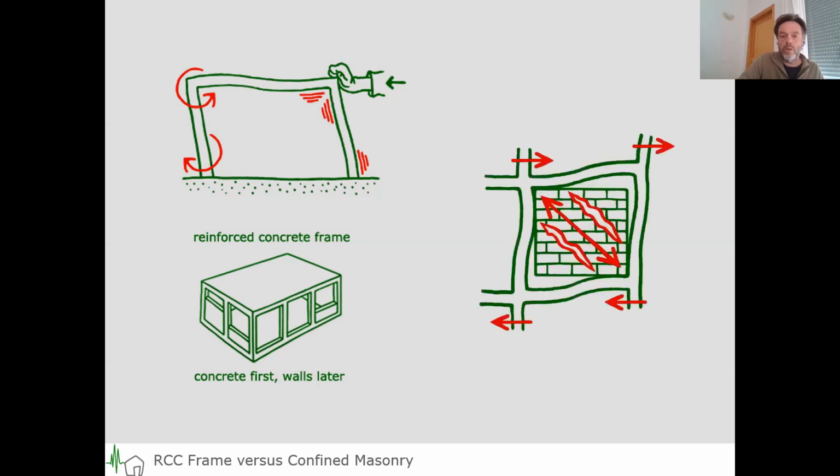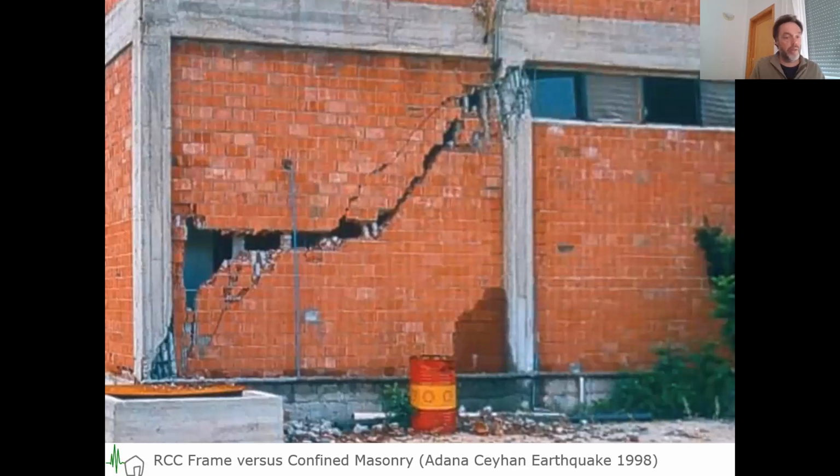And those two things are going to work against each other. So this is a picture of the Adana Seyhan earthquake in 1998 in Turkey, but it illustrates perfectly what I wanted to show. In this case, the frame resisted most, but then the masonry completely cracked. But here you also see something called a short column effect. So we see a lot of things happening here altogether.